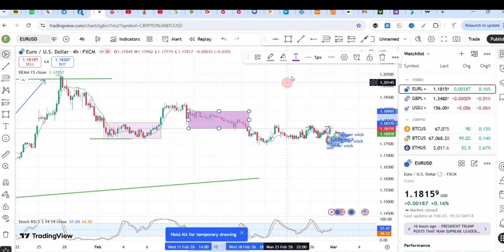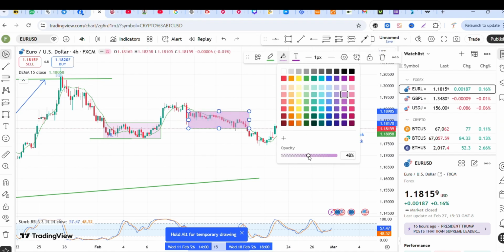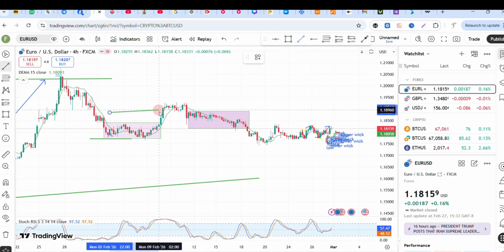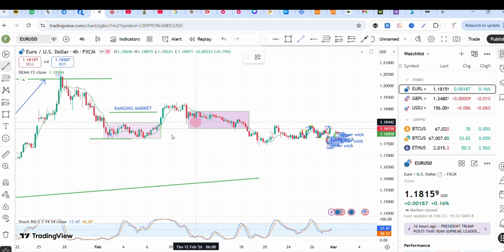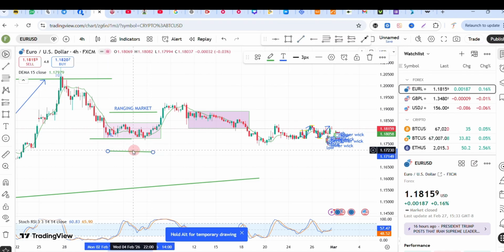A ranging market, that is indecision. A ranging market signifies indecision. That means you have to observe, don't make any trades, just watch the market and enjoy yourself, but don't make any trade, because after a ranging market, prices usually move to either up or down.